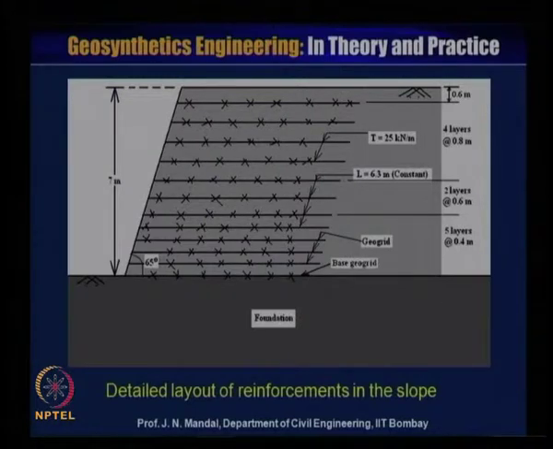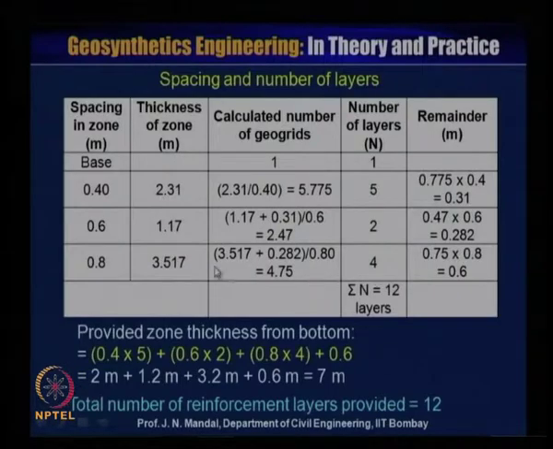This is the layout of the geogrid reinforced slope, given in this figure. The angle of the slope is 65 degrees and the height of the slope is 7 meter. As I said, at the base you have to provide one layer of geogrid material. Then we are giving 5 layers, 2 layers and 4 layers like this.